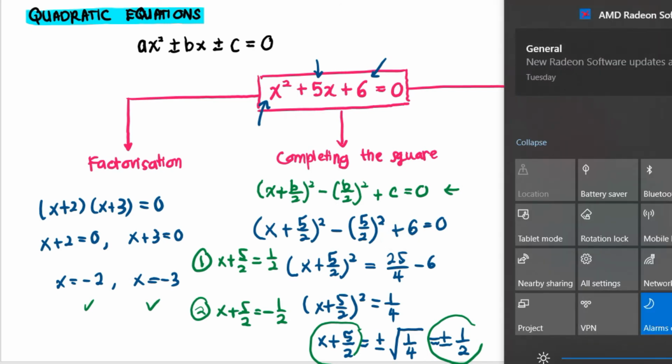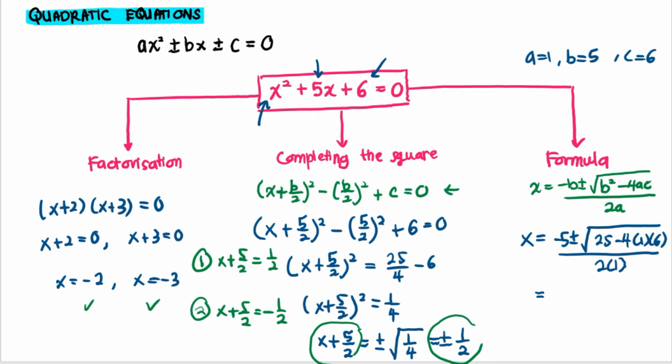You simplify this, you get negative 5 plus minus the square root of 25 minus 4 multiplied by 6, you get 1. So that is square root of 1 over 2. So you have two answers here: negative 5 plus 1 over 2, comma, negative 5 minus 1 over 2.